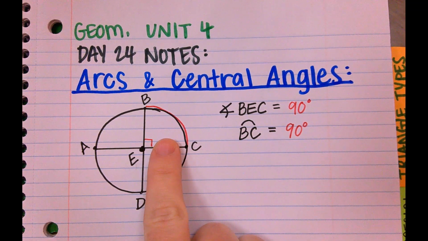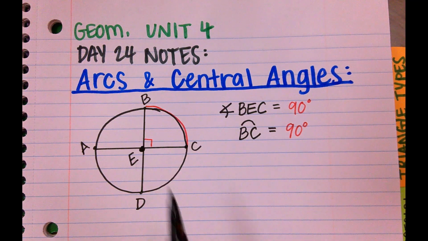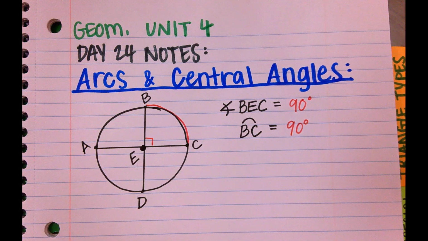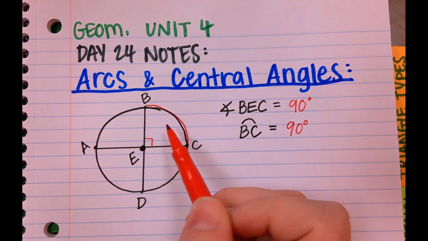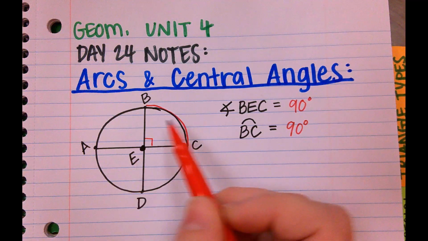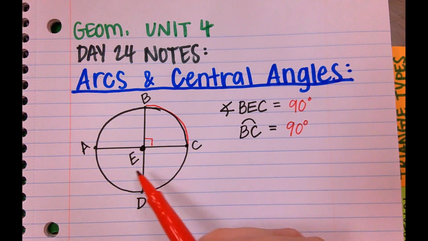If this angle is 90 degrees, angle BEC, do we know the measure of any other angles in this circle? We do. What do we know? They're all 90 degrees. The reason for this is right here we've got opposite angles, vertical angles, so they must be equal.